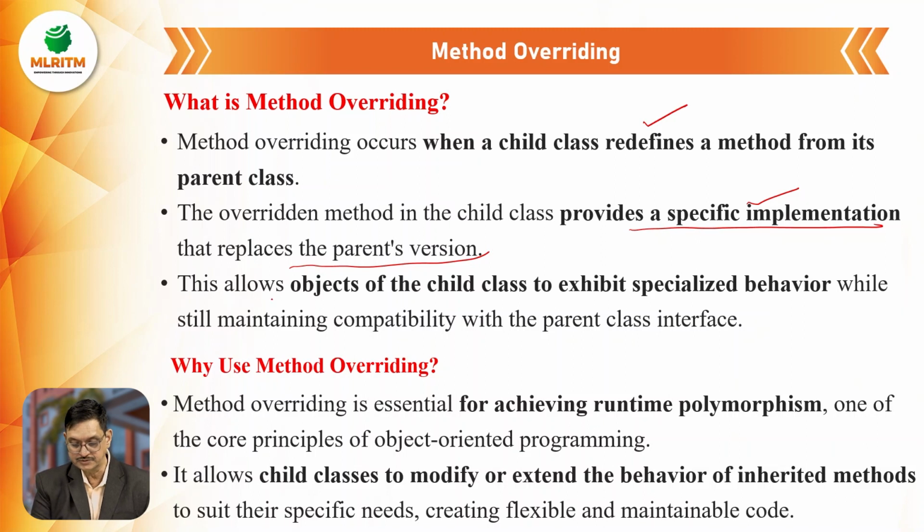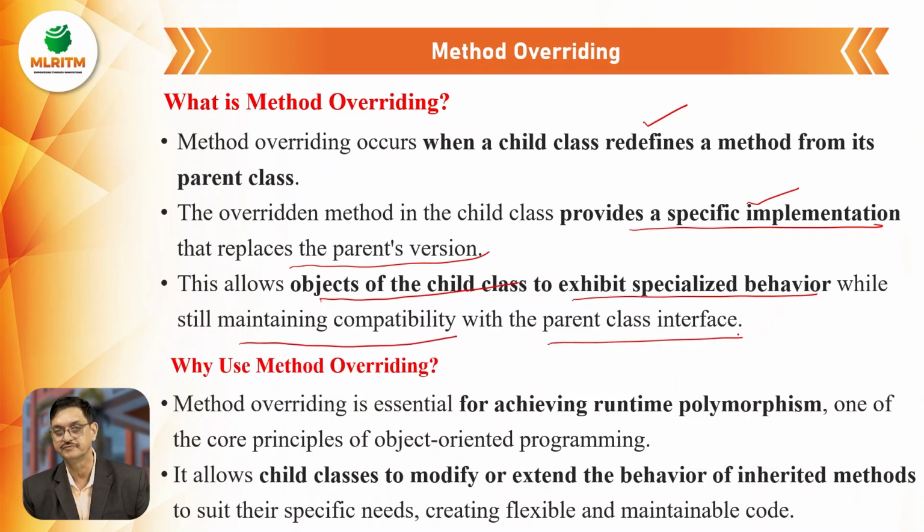So this allows the objects of the child class to exhibit specialized behavior, so that a parent class can be inherited by more than one child class. Each and every child class can have its own specific implementation but still maintains compatibility with the parent class interface. So while exhibiting its own specialized behavior, at the same time it maintains compatibility with its parent class, right?